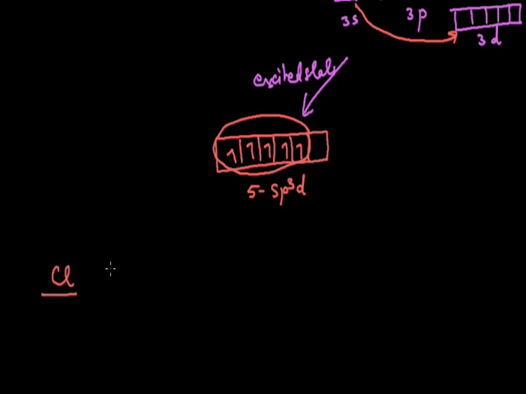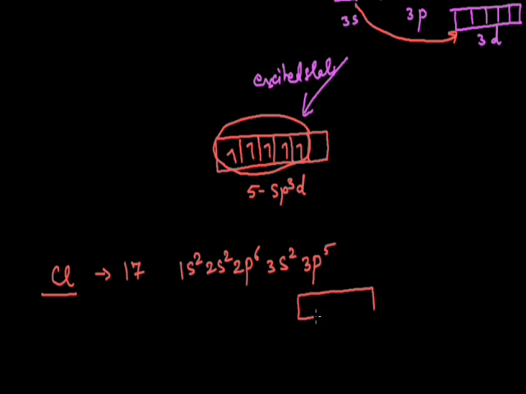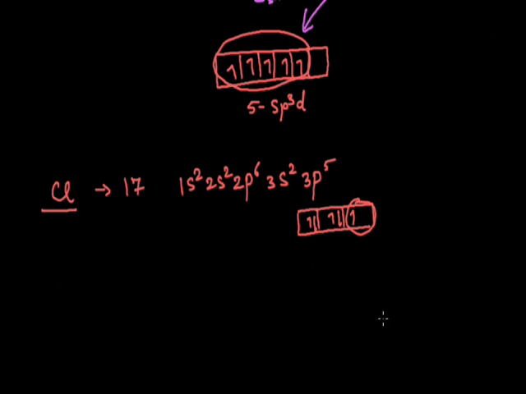In the case of chlorine, the atomic number is 17 and the configuration is 1s2, 2s2, 2p6, 3s2, 3p5. In the 3p subshell, one electron is unpaired, and this unpaired electron undergoes pairing with the electrons lying in the sp3d orbitals of phosphorus.